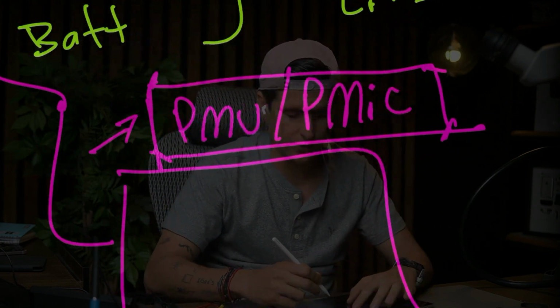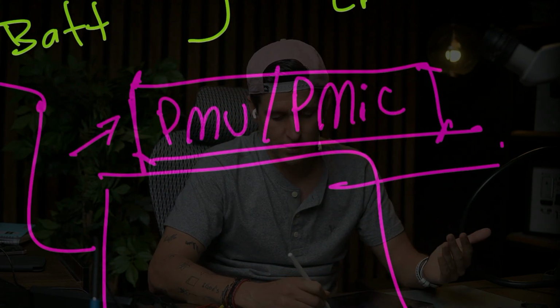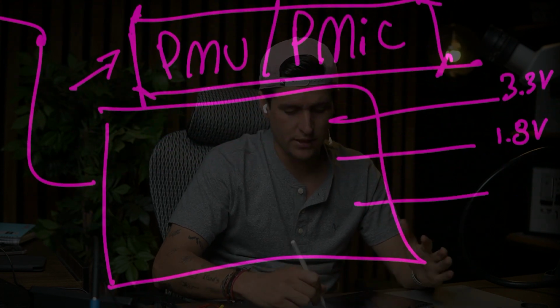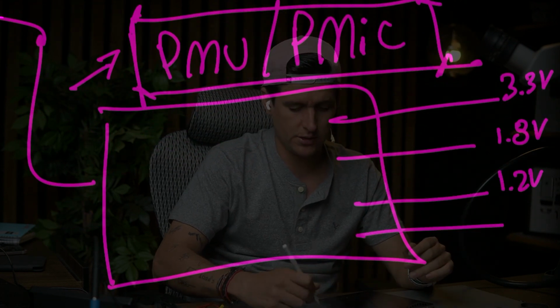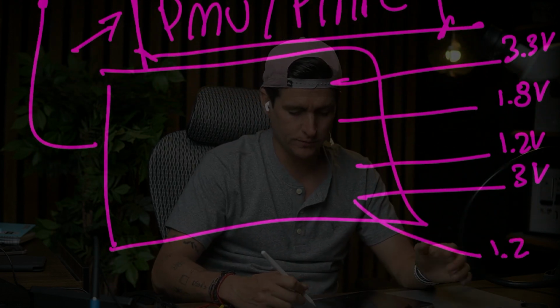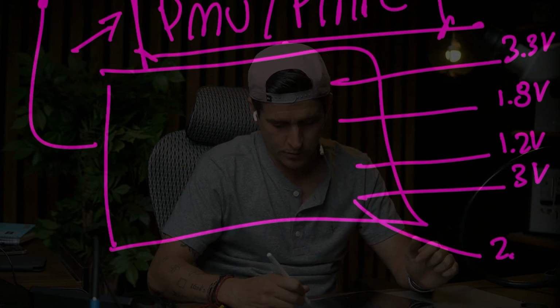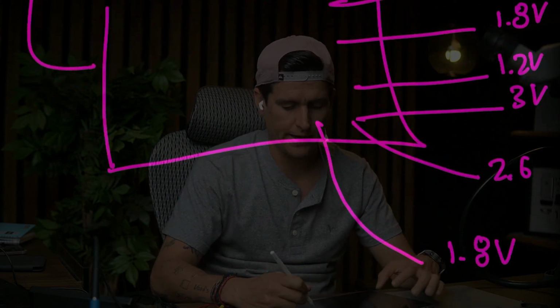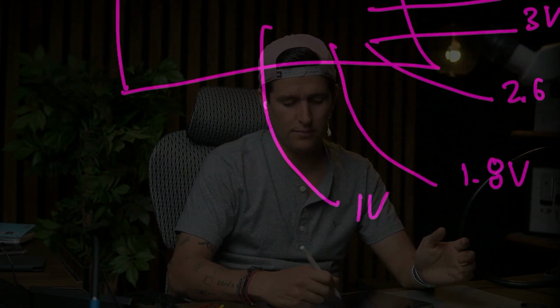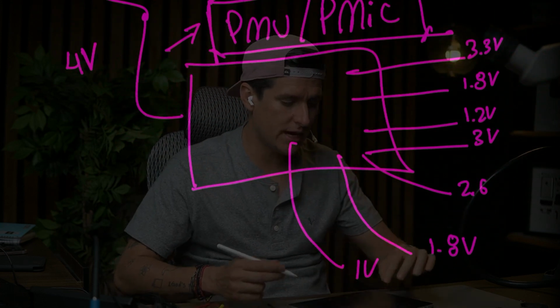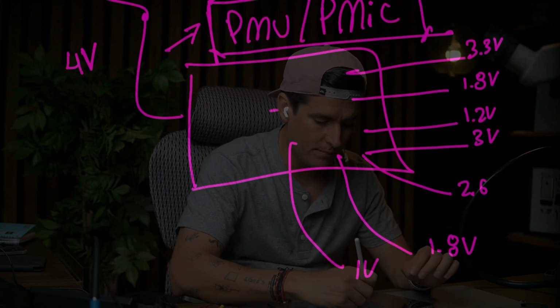For example, we're going to have new voltages: 3.3 volts, 1.8 volts, 1.2 volts, 3 volts, 1.2, or for example, 2.6 volts, another of 1.8 volts, something 1 volt, and something like that. These voltages are the outputs of the PMU.